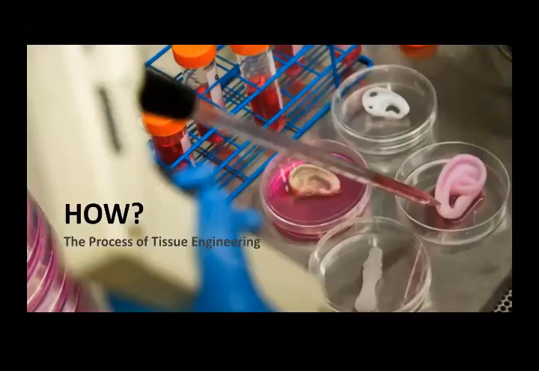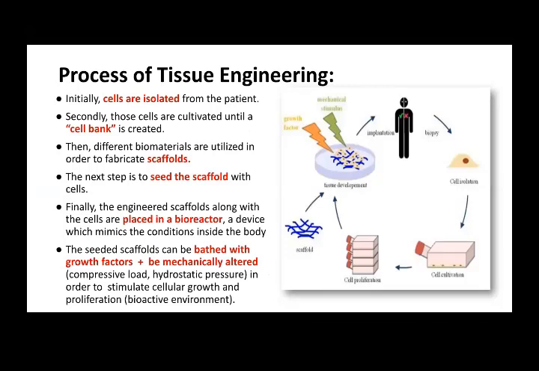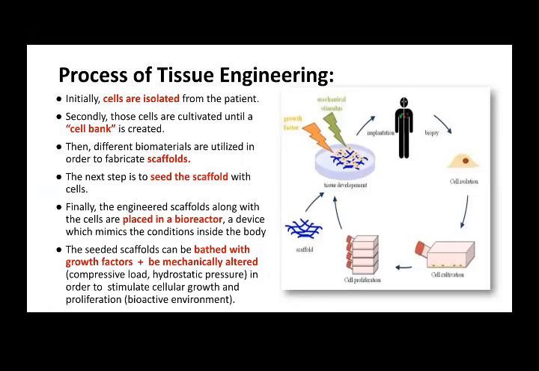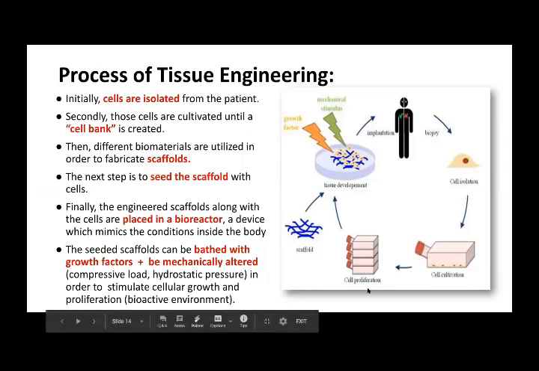We said how this is done. Obviously, the process is described together as seen in this picture. Basically, starting from a biopsy where the cells are taken from the patient, the cells are further isolated, then they are cultivated until a cell bank is created. Once the cell bank is created, proliferation happens.